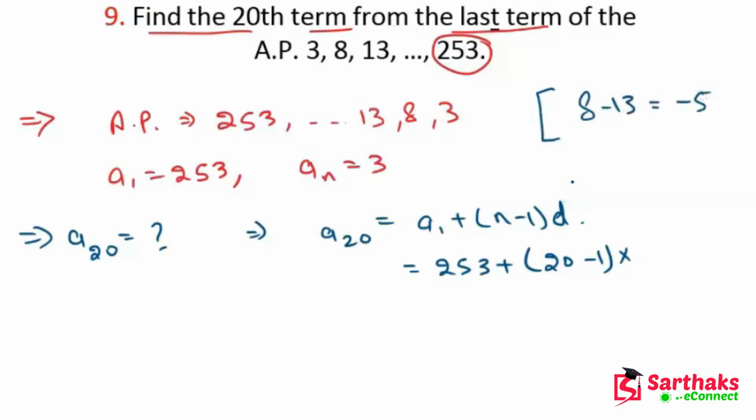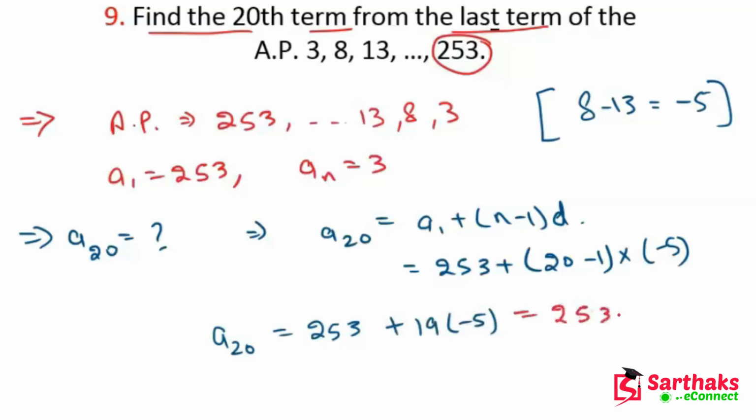So a20 is equal to 253 plus 19 into minus 5. This gives 253 minus 95, so a20 is equal to 158. This is our answer.